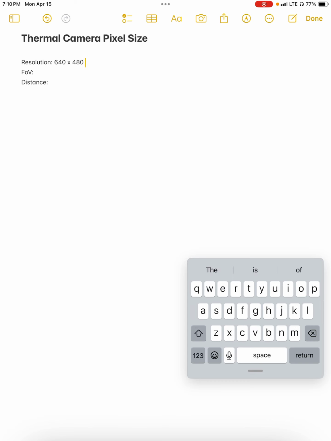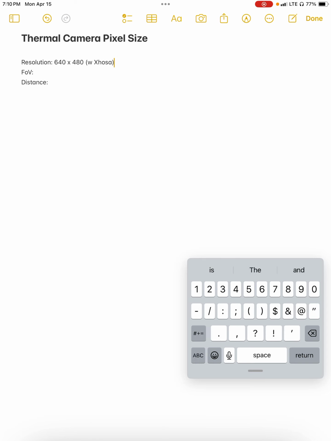The way this is laid out is width by height, in pixels, that the thermal camera sensor is able to detect.